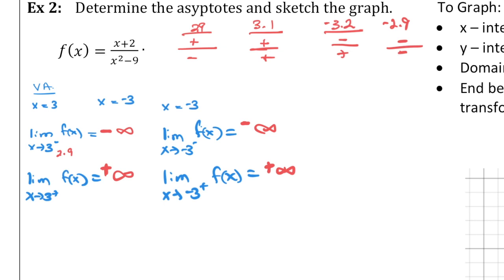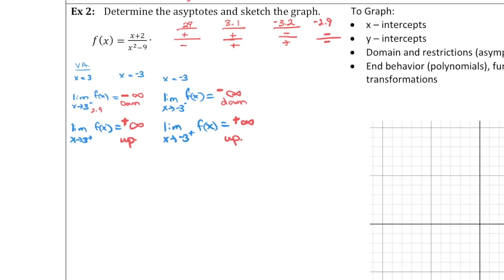We know that our asymptotes, we're going to go down the asymptote, we're going to go up the asymptote. As we're on the left side of negative 3, we're going to go down the asymptote. And then for the right side of negative 3, we're going to go up the asymptote. Next, we're going to think about our horizontal asymptotes.